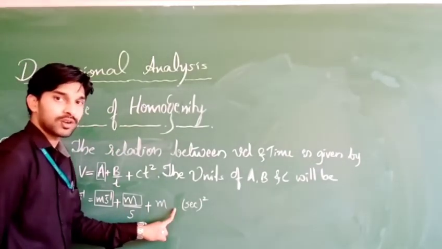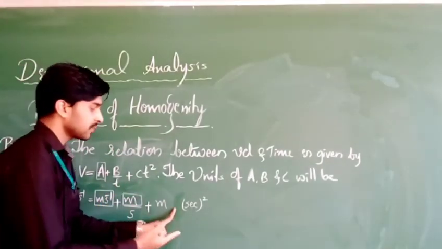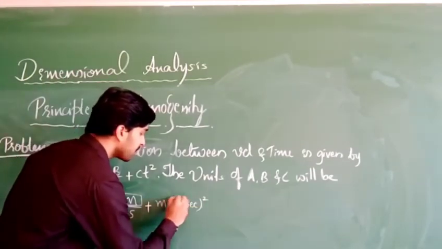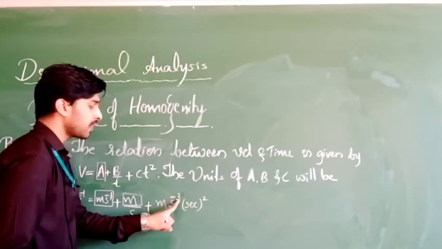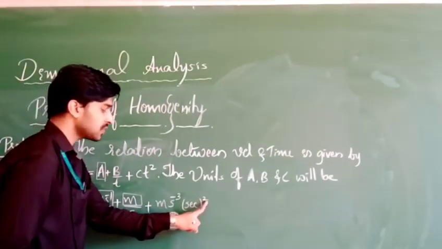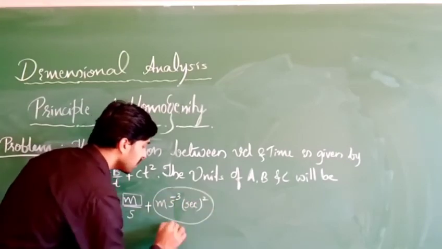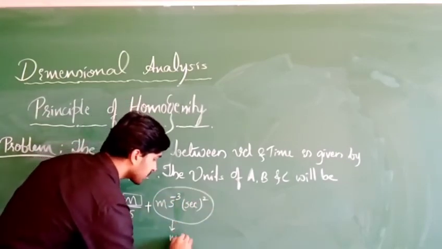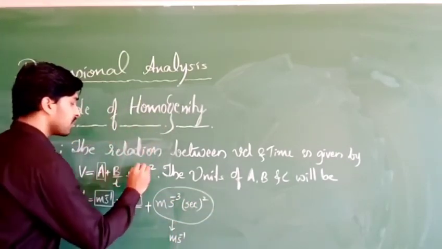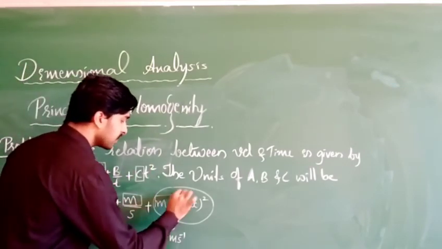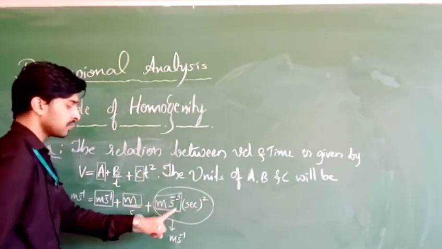Per second we want, that means s to the power of minus 1. Here we have s to the power of 2, so I write s to the power of minus 3, and s to the power of minus 3 and s to the power of plus 2 will give me meter per second. That's why for c the unit is meter per second cube. Clear?